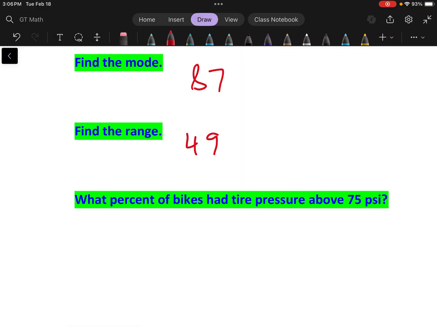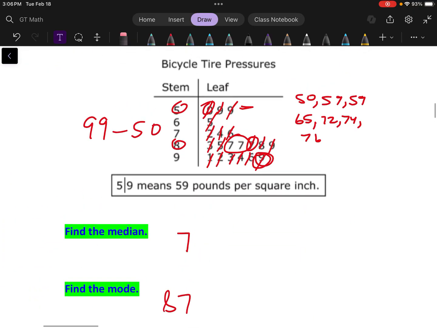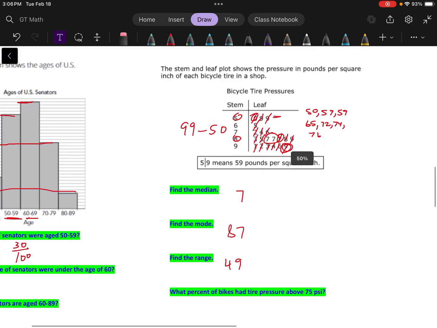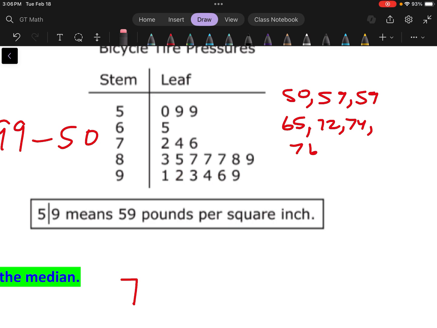What percent of bikes had tire pressure above 75 PSI? Now, here's where you've got to be a little bit smart. What percent above 75? Well, if I come back and look at all of these that are above 75, I got 1, 2, 3, 4, 5, 6, 7, 8, 9, 10, 11, 12, 13, 14.